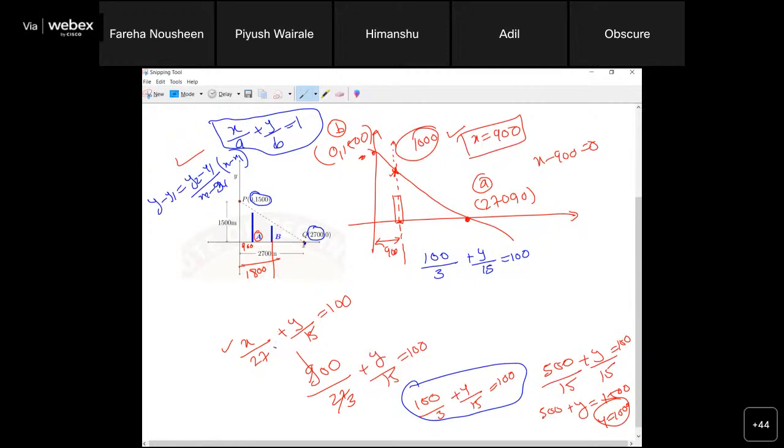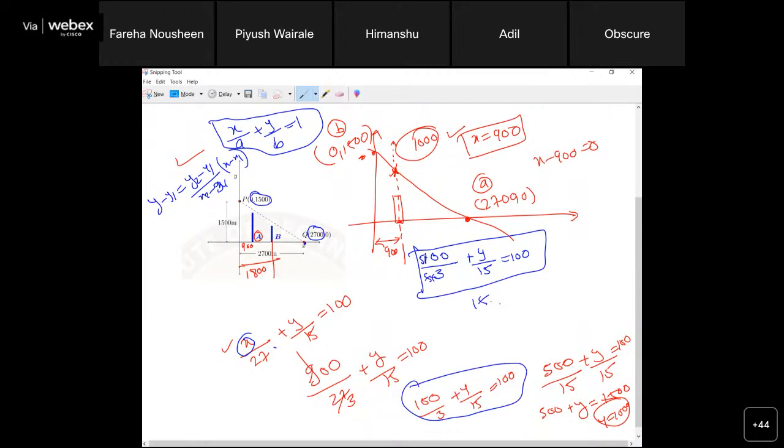So after solving simultaneously, putting the value of x here, I am getting this equation, right? Now, how to solve this equation? I need to make the same denominator so that I can add the numerator values, right? So multiply by 5 on both sides.